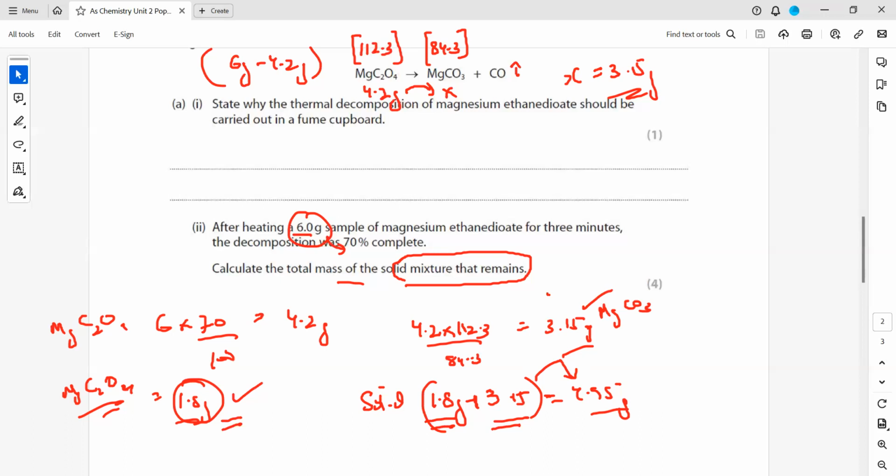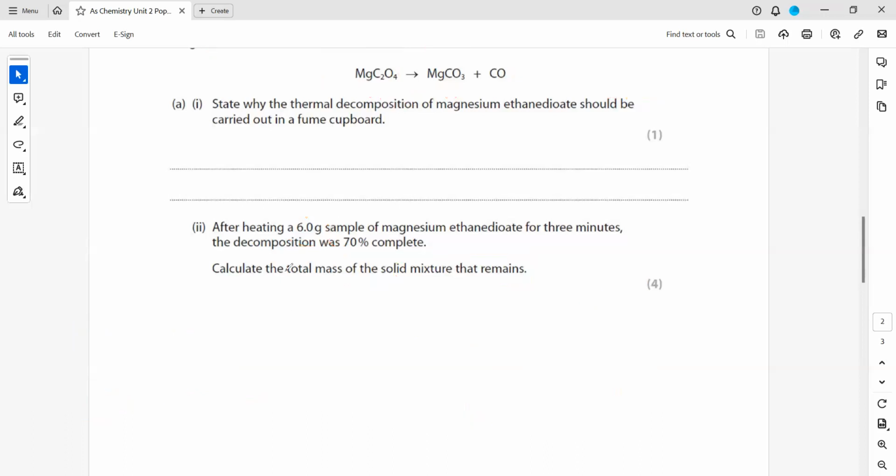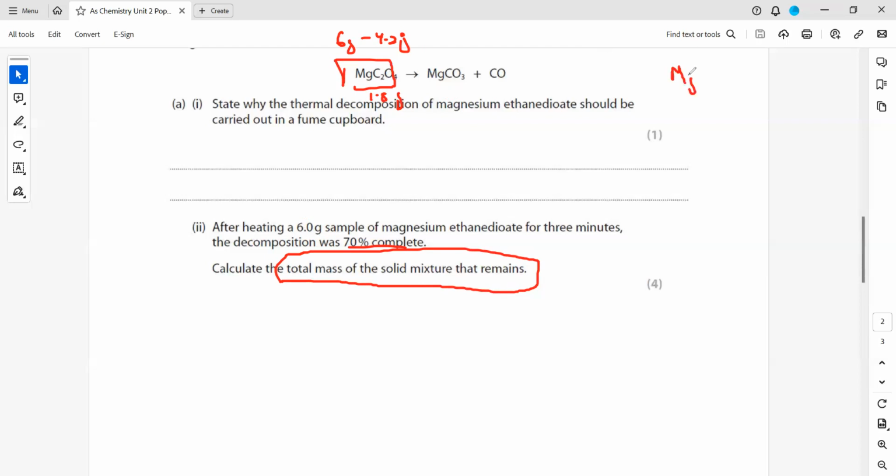Why are we taking 3.15 grams? Because in the question, we need the total mass of the solid mixture. So there is the unreacted substance; originally it was 6 grams, but out of 6, 4.2 has reacted because 70% has decomposed. So we are left with 1.8 grams. And when this magnesium ethanedioate decomposes, if 4.2 grams decompose, it will produce 3.15 grams of magnesium carbonate.